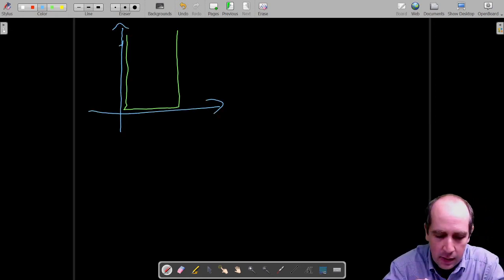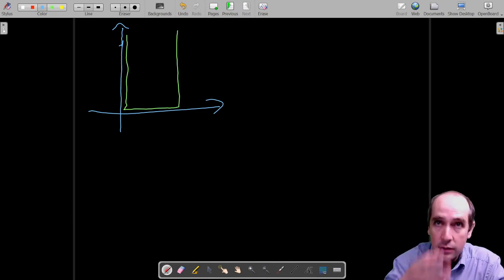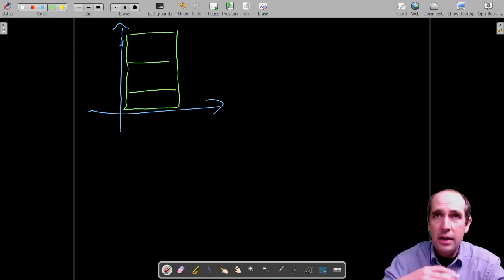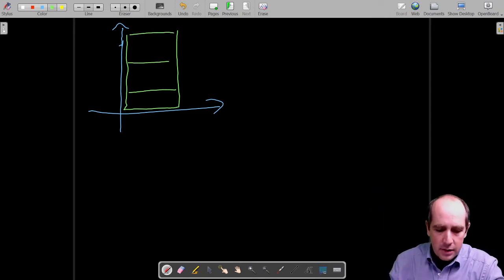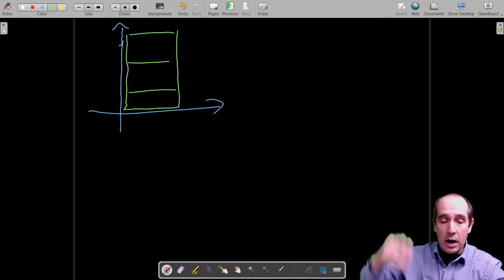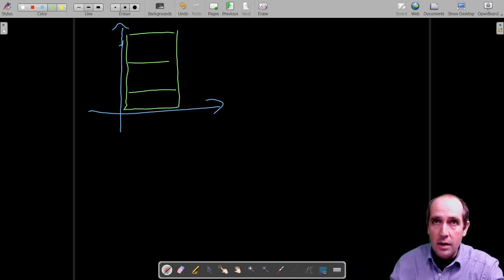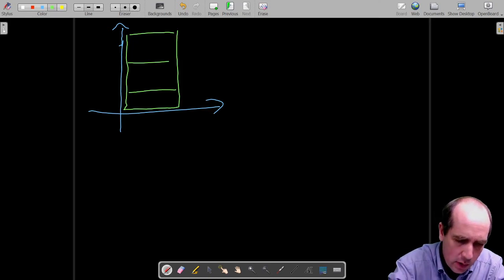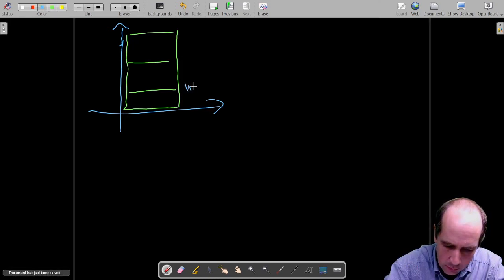If you have a square well, what you obtain is a series of energy states which are spaced with higher and higher spacing for each one of them, and we label them n equals 1, n equals 2, and so on and so forth.